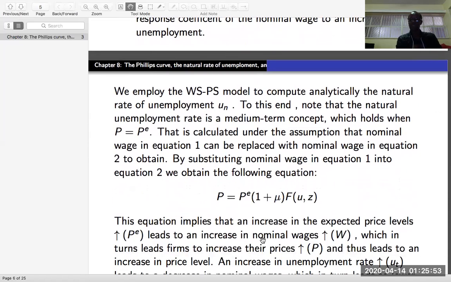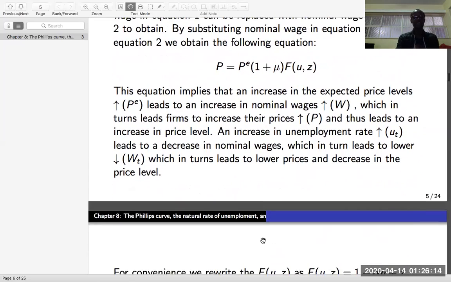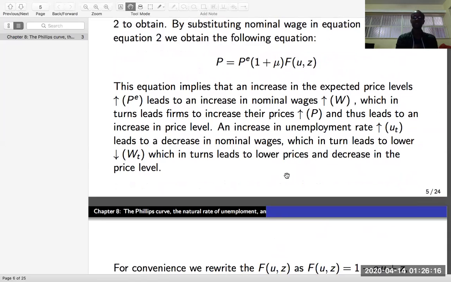The equation implies that an increase in expected price in equation 1 will lead to an increase in wages, and the increase in wages in equation 2 will lead to an increase in price. So remember that. This is a very important thing, and make sure that you understand it. An increase in unemployment rate will lead to a decrease in nominal wages.